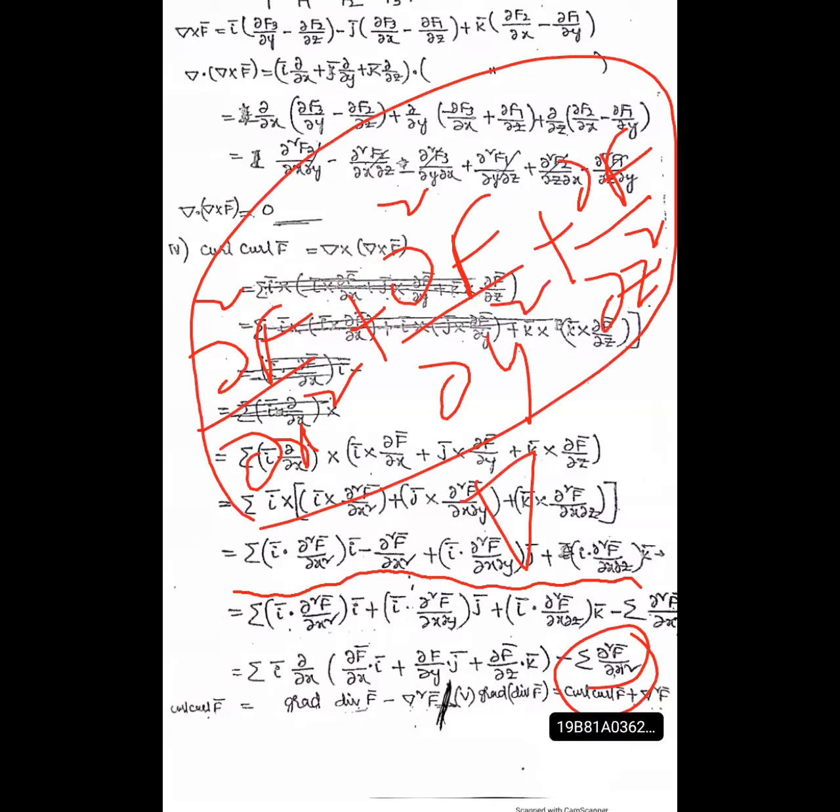Observe that in the first condition of today's class, it is del square f. So minus del square f. This is the right hand side value. It is also written as curl of curl f bar plus del square f. That means we take this del square f to the left hand side. This del square f goes to the left hand side. It is positive. So grad of div f equal to curl of curl f minus del square f.